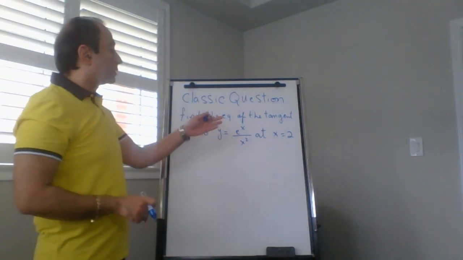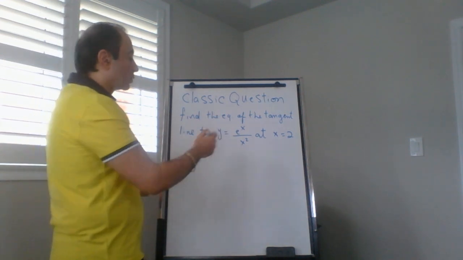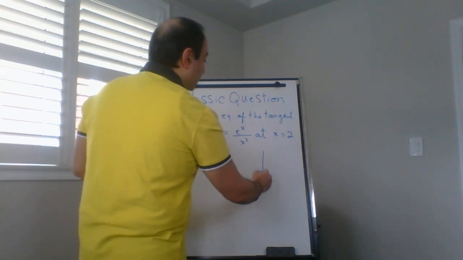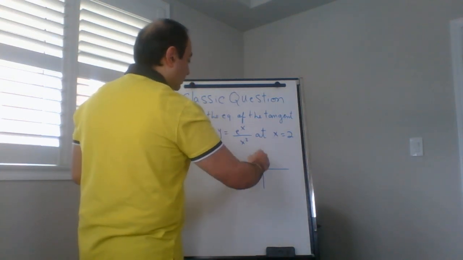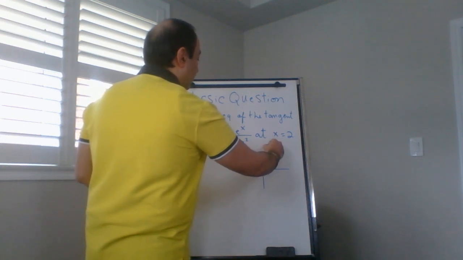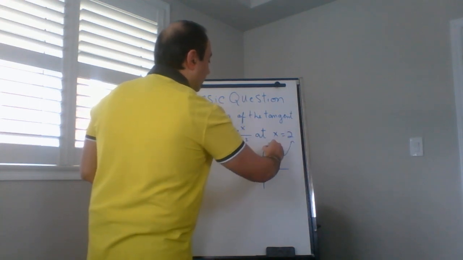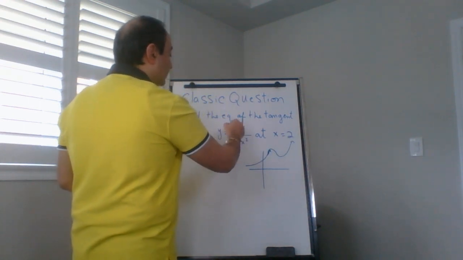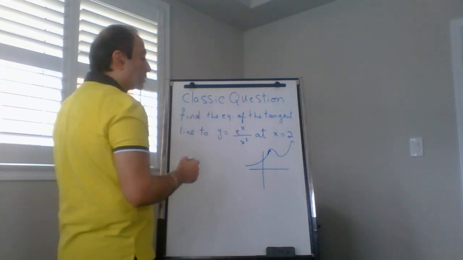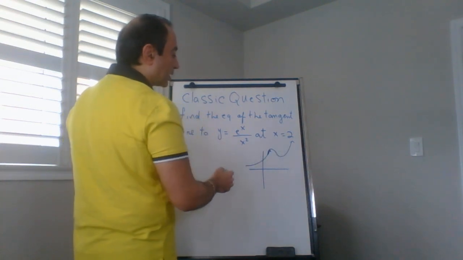We need to find the slope of the tangent line. I don't know how this curve looks. We can graph it some other time, but basically it is an exponential function divided by a quadratic, so it could be something like this.